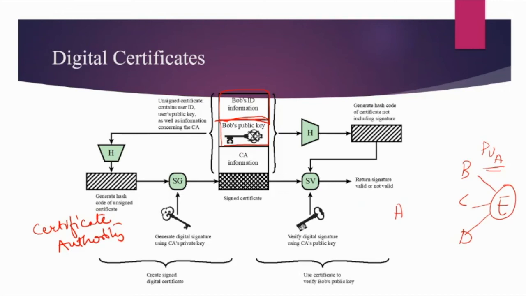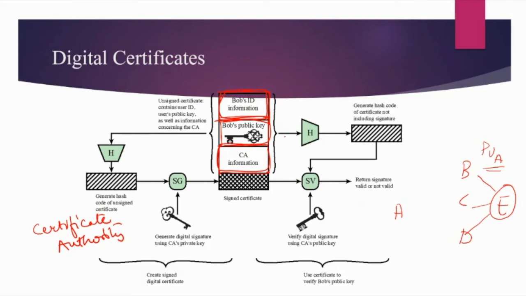So the certificate has three important pieces of information. First is the user ID, which belongs to a particular user, then his public key, and then the information about the certificate authority, which is verifying the certificate.